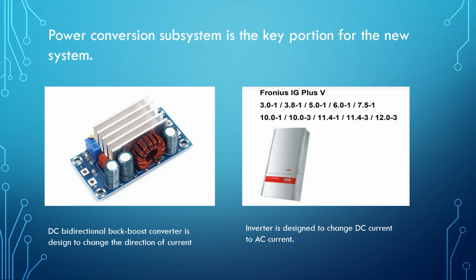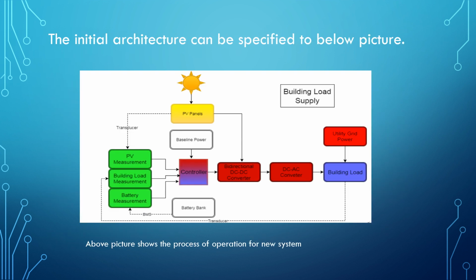So the converter and the inverter are important. The DC bidirectional buck-boost converter is designed to change the direction of the current flow and can also buck or boost the voltage of the electricity. The inverter is designed to change DC current to AC current. So this portion is very important.